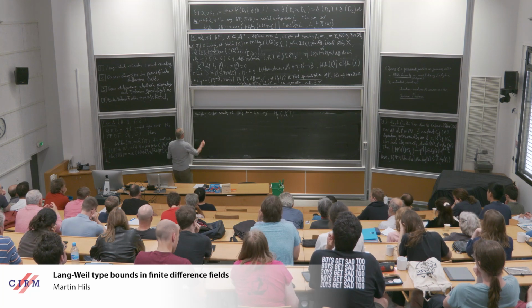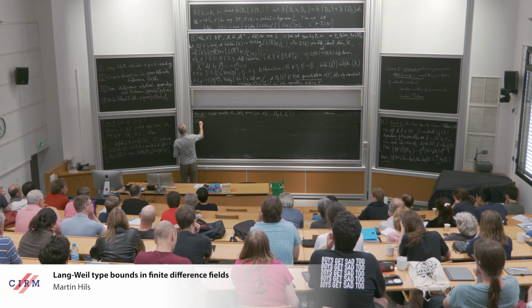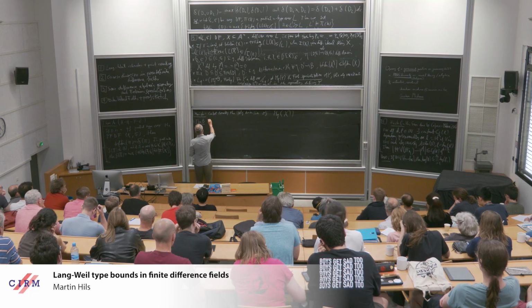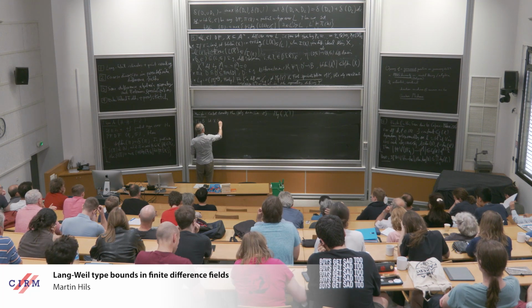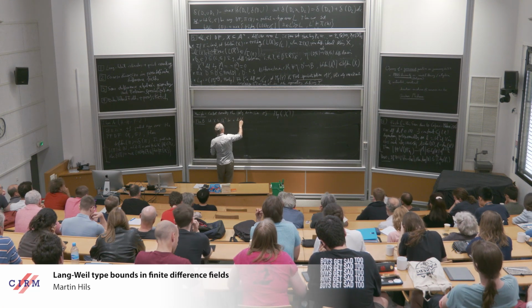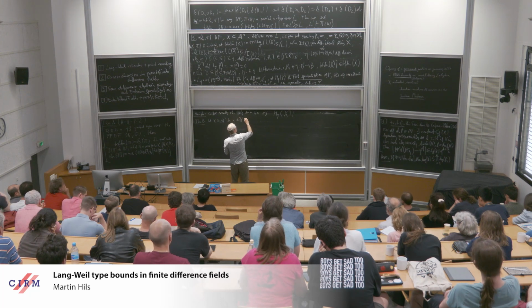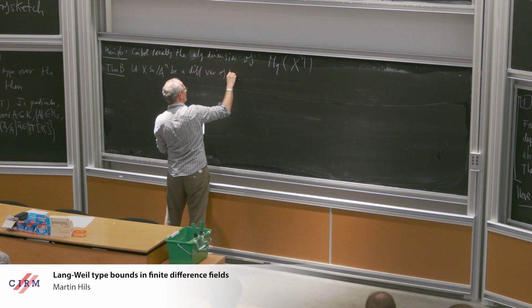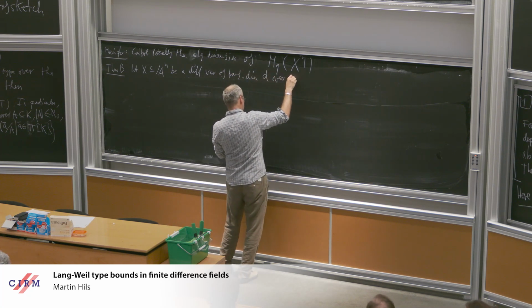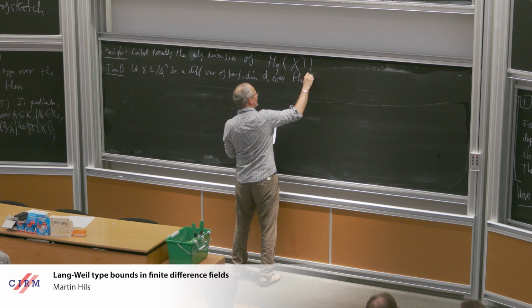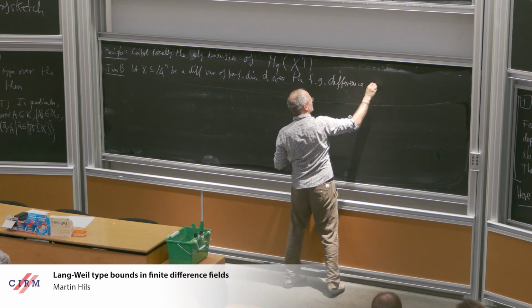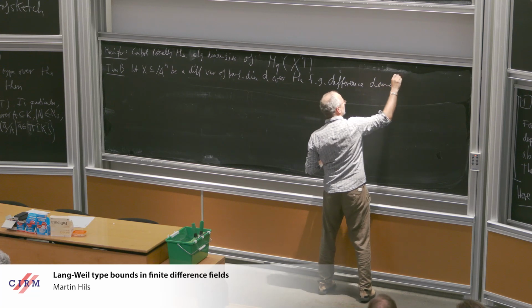So first, okay, let X in A^n be a difference variety of transformal dimension d over the finitely generated difference domain D sigma.